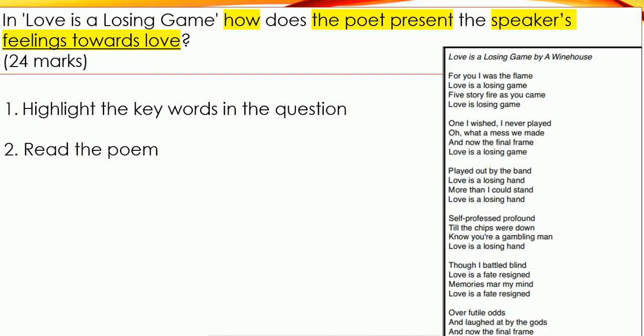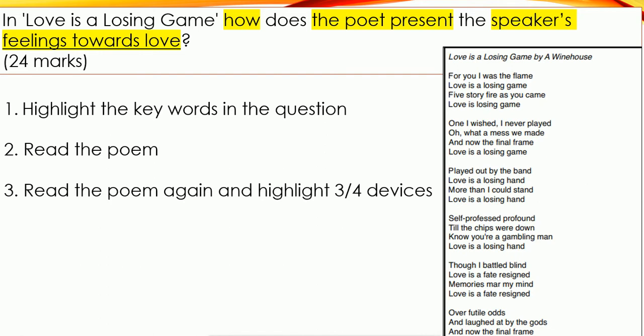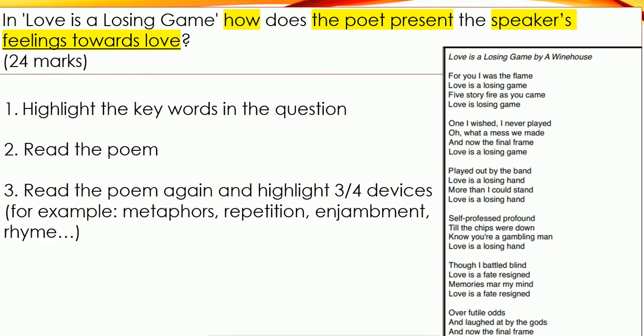So the first thing you should do is read the poem through, and preferably read it a second time at least, highlighting 3 to 4 devices, so 3 to 4 methods or techniques used by the writer that you can see. Things like metaphors, repetition, enjambment and rhyme, anything else that you notice. Very important here, don't highlight everything.